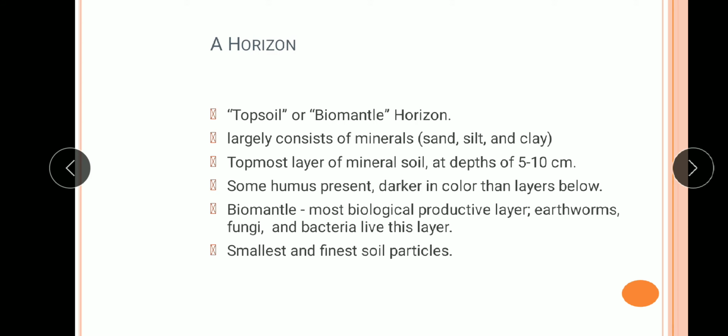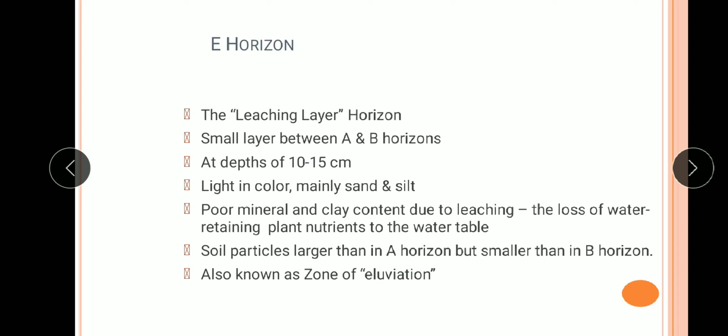Some humus is present, darker in color than the layers below. It is the most biologically productive layer; earthworms, fungi and bacteria live in this layer. It has the smallest and finest soil particles.